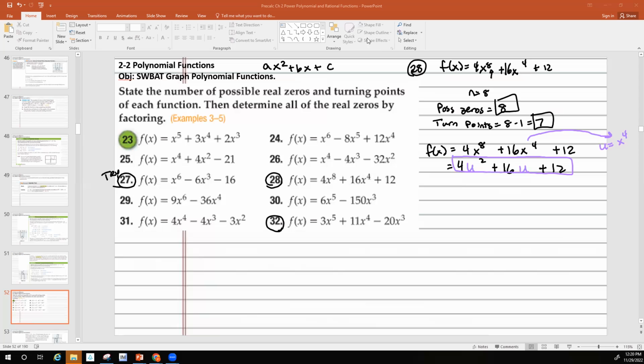And now, since we're focusing on this one, we're going to try to get rid of that lead coefficient. Because notice that we have a 4 there, and these are all multiples of 4. So we're going to factor out a 4.